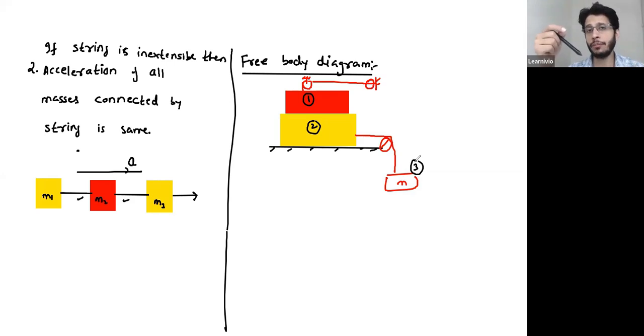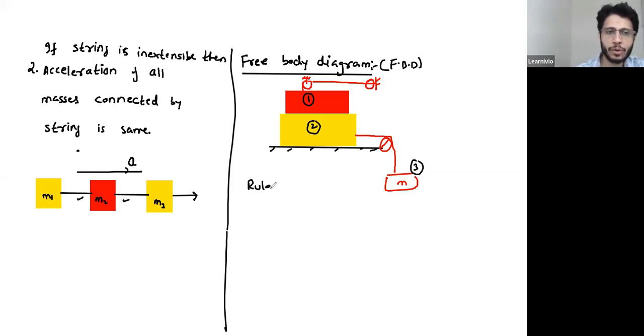I can solve mass 2 along with the whole system, or I can solve mass 2 separately. Like I draw mass 2 separately and then calculate the acceleration and the forces acting on it. To draw these masses separately is known as a free body diagram. Free body diagram means you free the body from the system and then solve it. This is also known as FBD of the system.